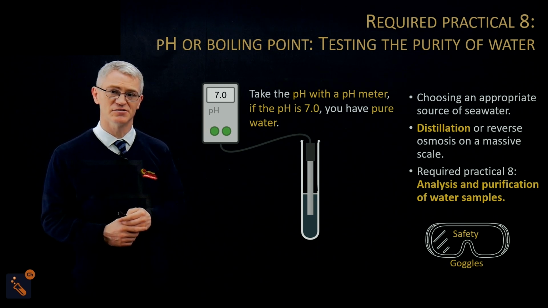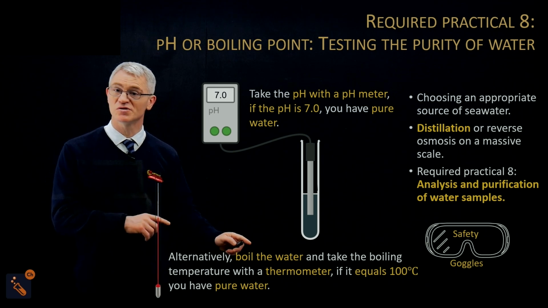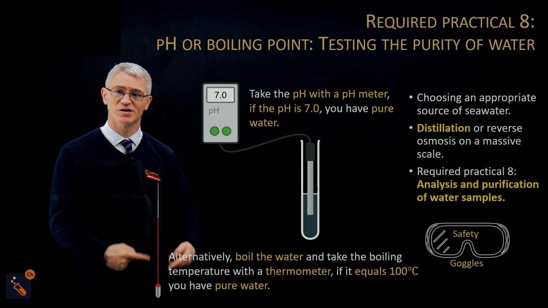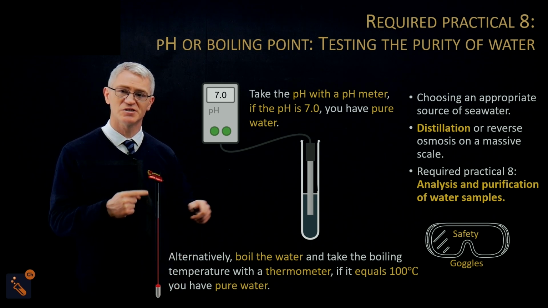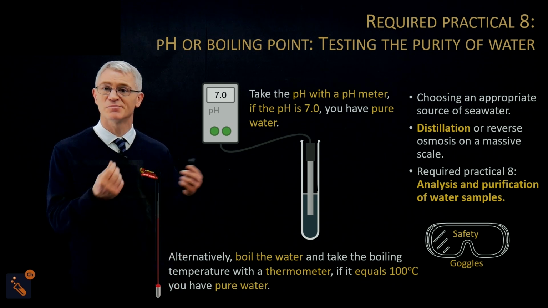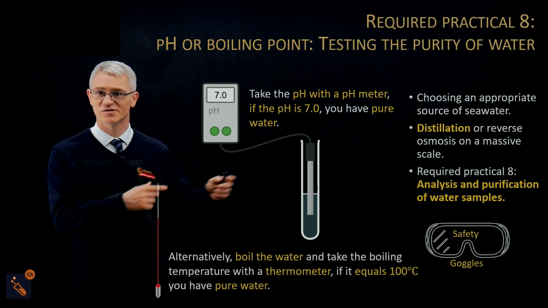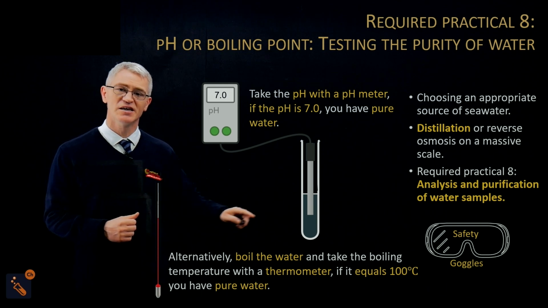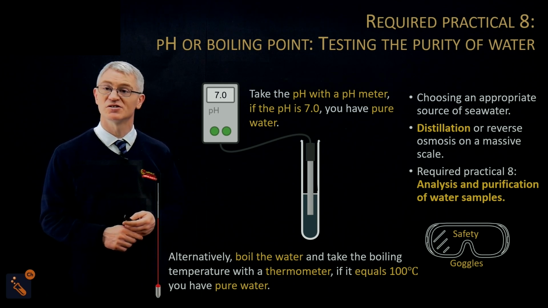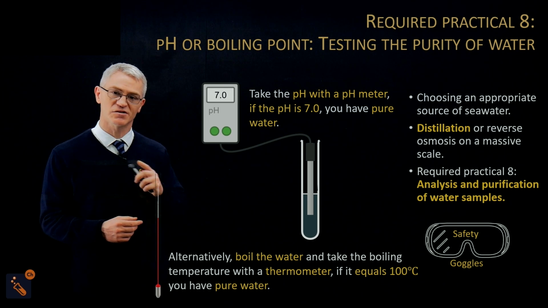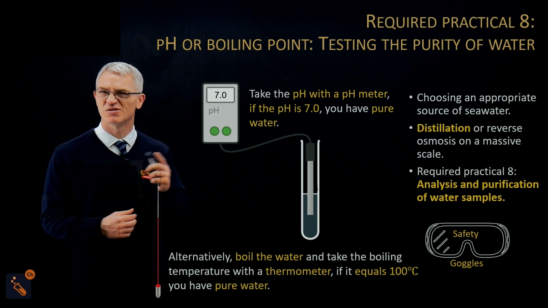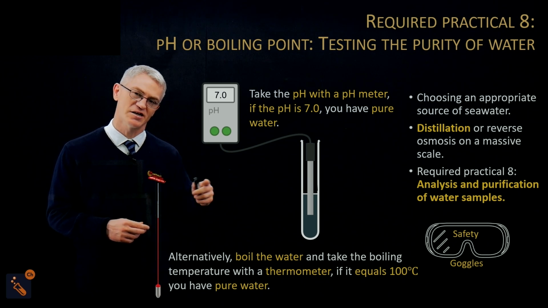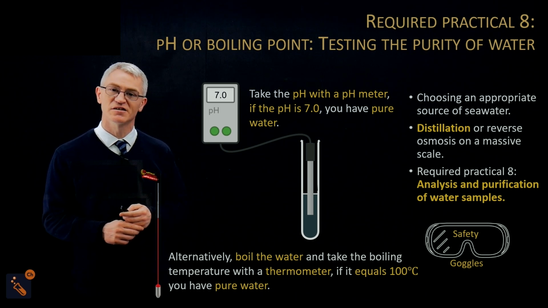This is quite easy to do as well. So alternatively, boil the water, and you do it using a thermometer as well. So you can monitor the temperature using the thermometer and take the boiling temperature. Just get a beaker of this water, boil it, and once it's boiling, just stick the thermometer in. If it is roughly equal to 100, because usually there's a range of about 2 degrees normally in a boiling or a melting temperature, so if it equals 100 degrees, then you have pure water.